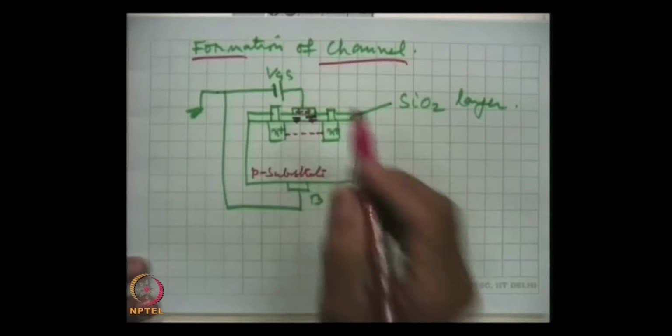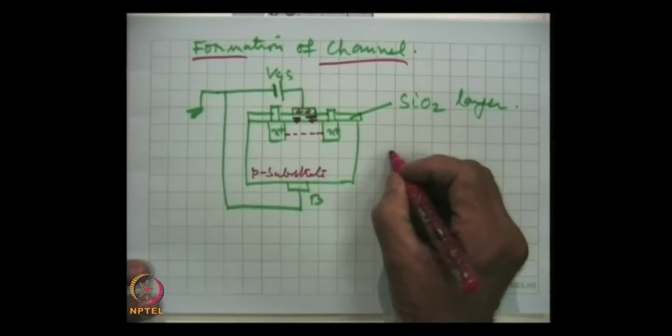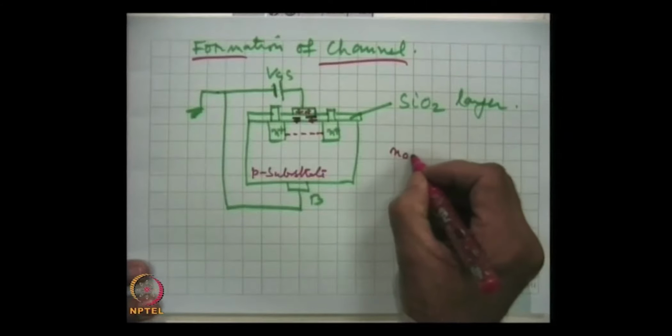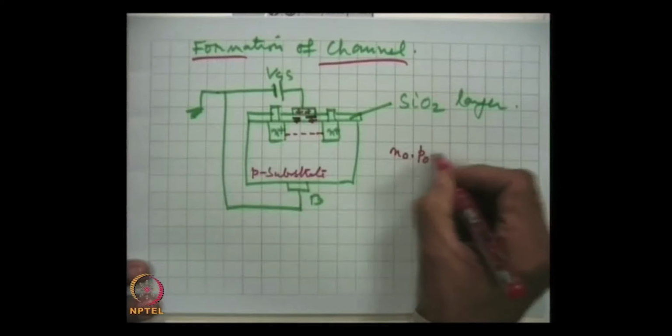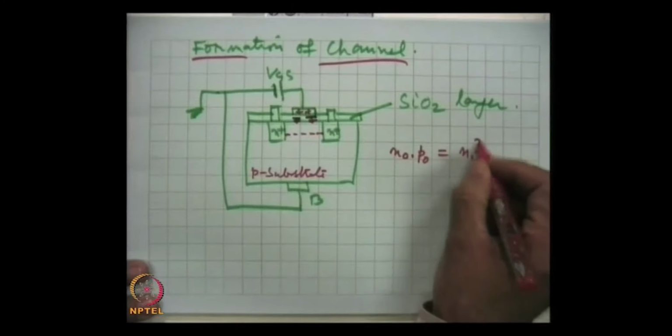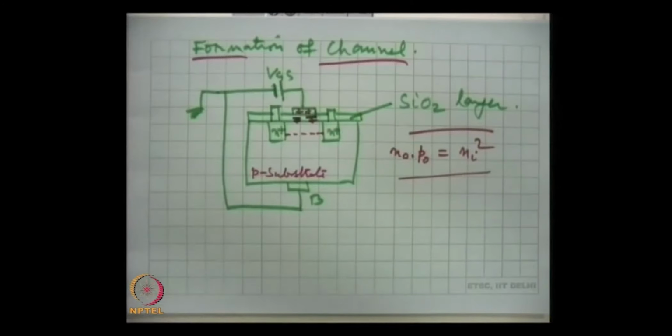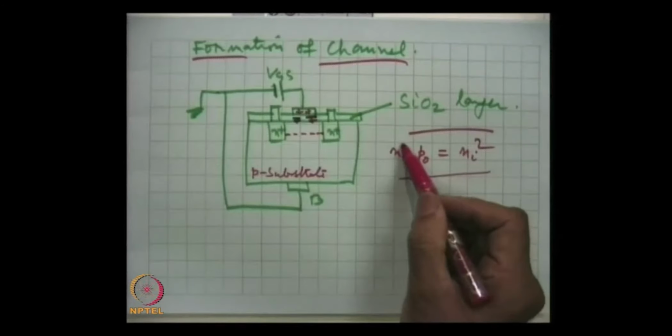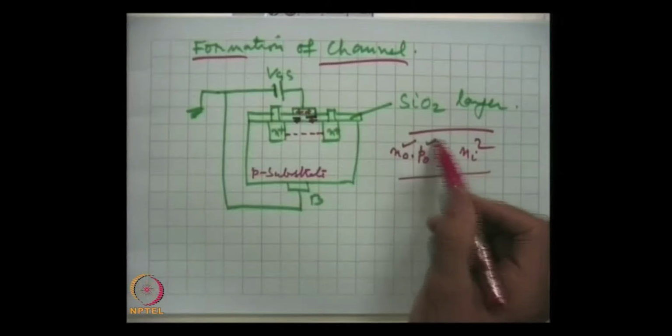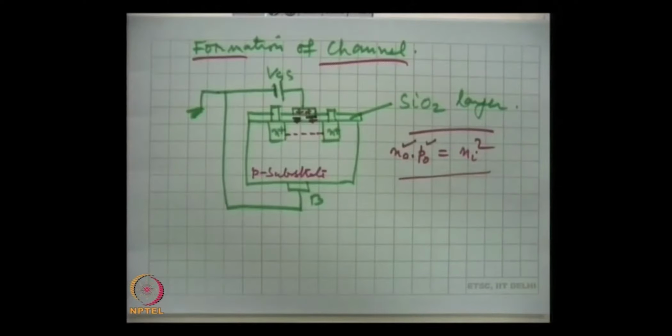Because of this reduction, we know the fundamental relation n0 into p0 is equal to ni square, which is true for a semiconductor, that the electron density multiplied by hole density is equal to the square of the intrinsic carrier density.